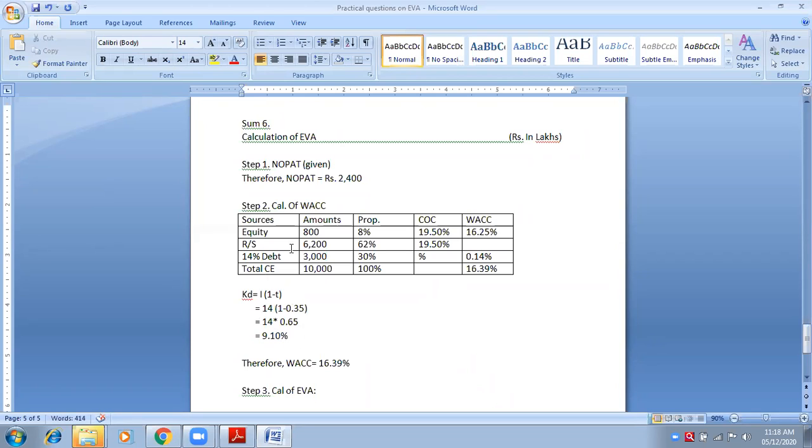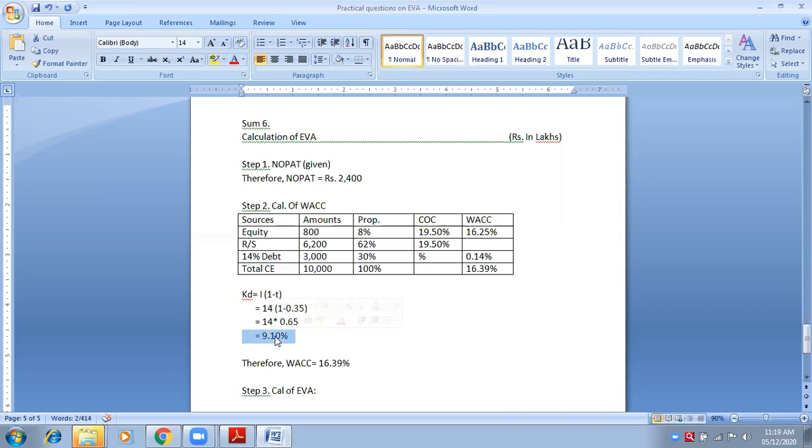Look, I will repeat again. 14% debt was already available in the question. Now this 14% is nothing but interest, which is known as cost of debt. This cost of debt is pre-tax. Now the tax rate is given, so with the help of the formula of KD, we will calculate post-tax KD.